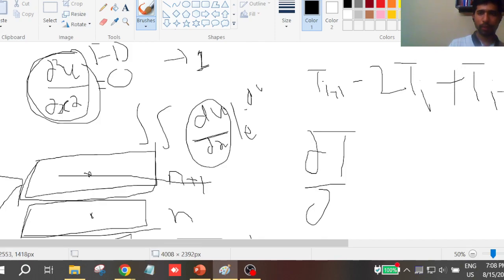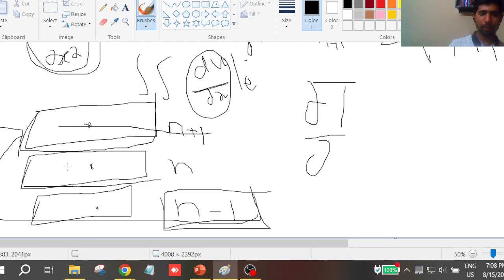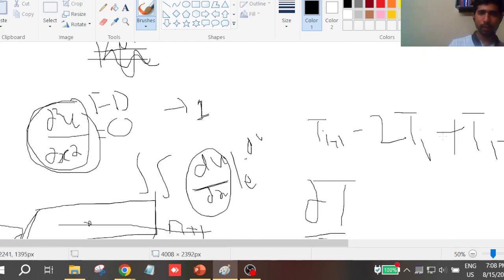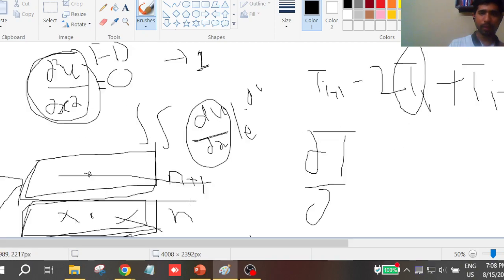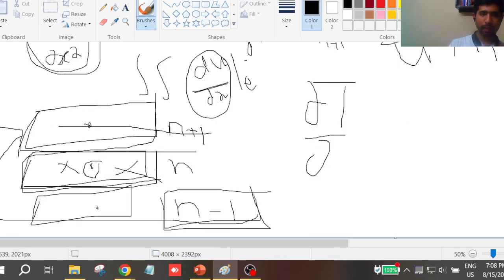So Ti minus 1 and Ti plus 1 we take from this nth level only, as usual. But this Ti at n, again we take as an average of these two time steps, at n plus 1 and n minus 1.